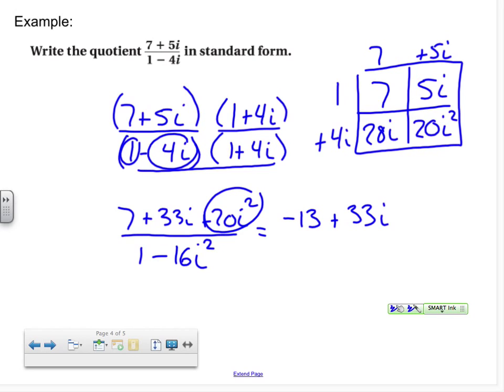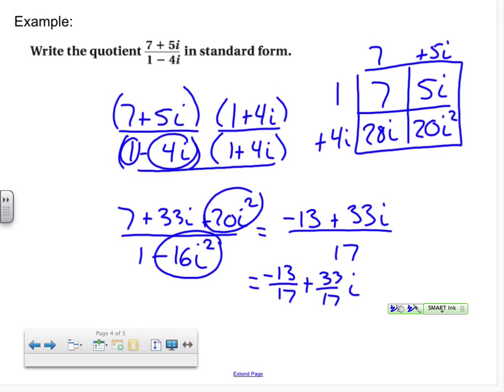And on the bottom, this is positive 16, so we got 1 plus 16 over 17. And we can make this into standard form by splitting that into two fractions with 17 as our denominator.